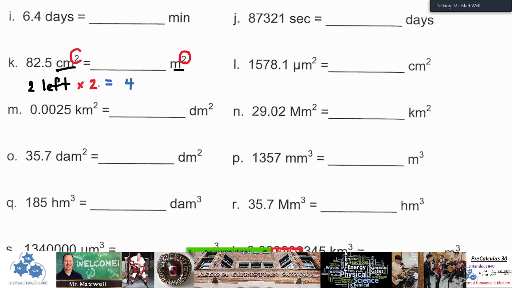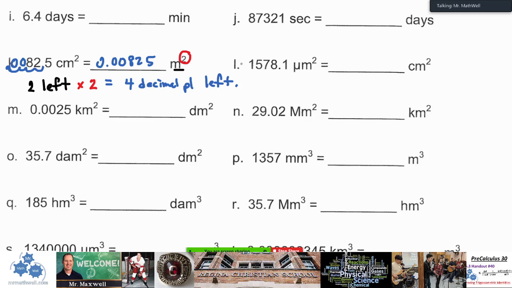I'm going to go 4 decimal places left. Okay, a bit of an added twist. So instead of 2, I go 4. So that's going to be 0.00825. That's 1, 2, 3, 4. Okay.